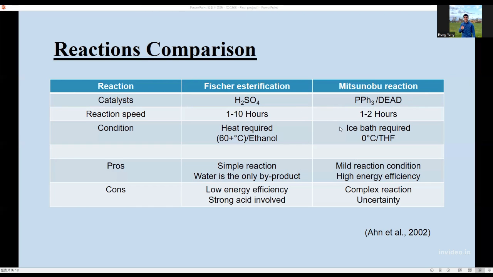It only requires an ice bath. Cons for Fischer esterification, as I mentioned earlier, it requires long heating. Also, it requires a strong acid catalyst, which is hazardous to us. Cons for the Mitsunobu reaction: it is relatively complex compared to Fischer esterification, with some uncertainty in gaining the desired ester.